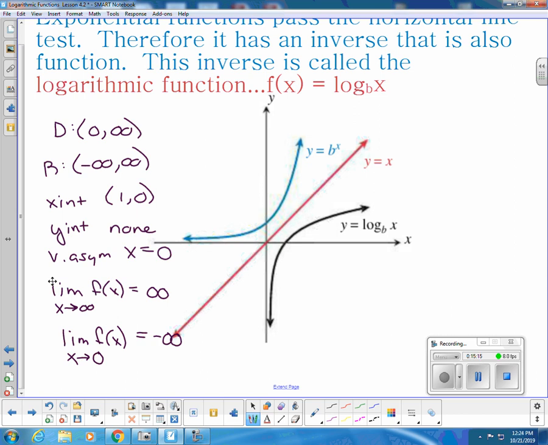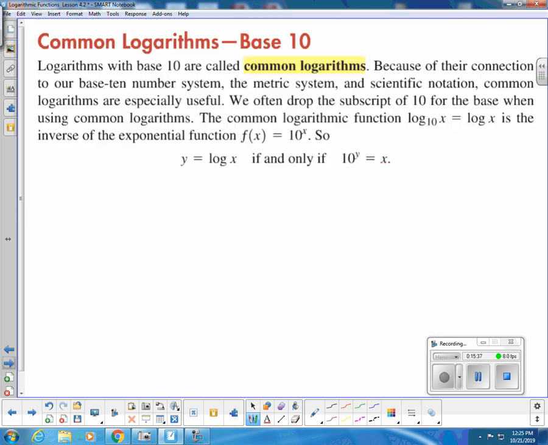Okay? So again, if you have the graph, you should be able to state all the properties. And there's other things we're going to talk about. It's continuous, it's constantly increasing, that type of thing. It doesn't matter what base you have. This is base B. That could be a 3, that could be an e, that could be a 12, right? It could be any base. The common log is base 10. So when you look on your calculator, when it says log, that's this guy.